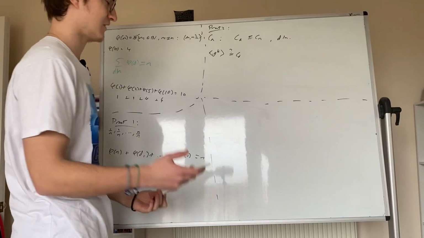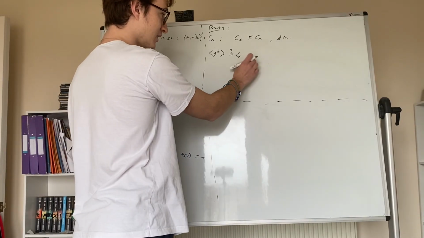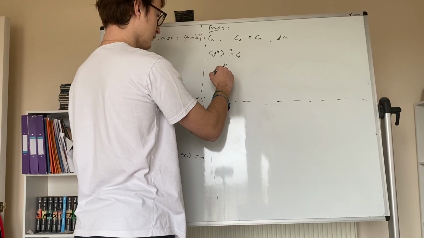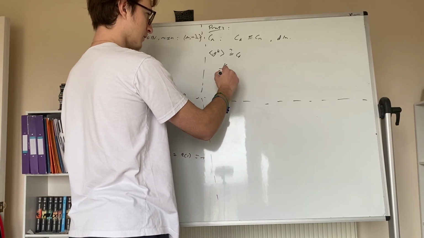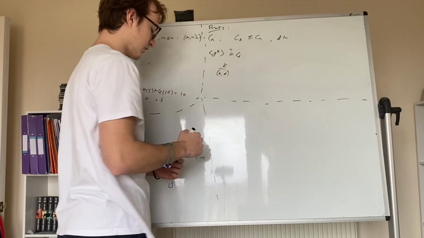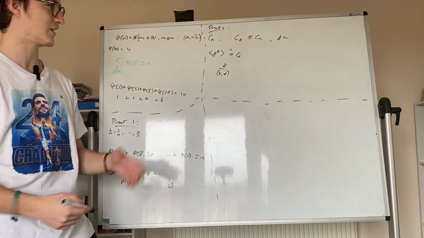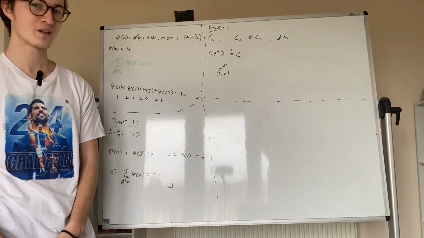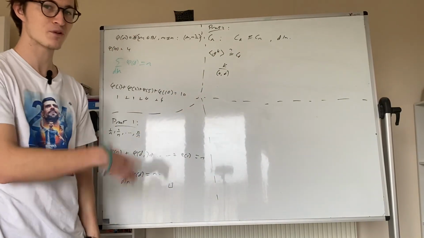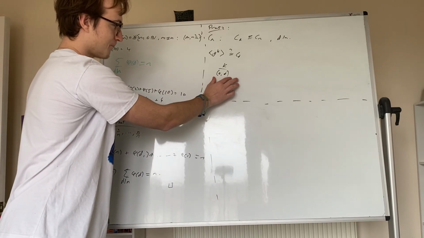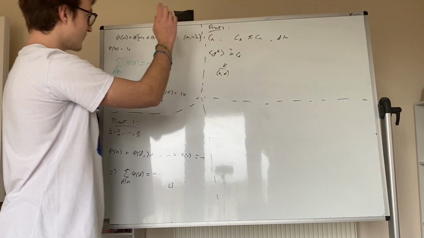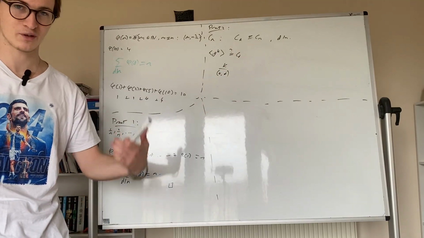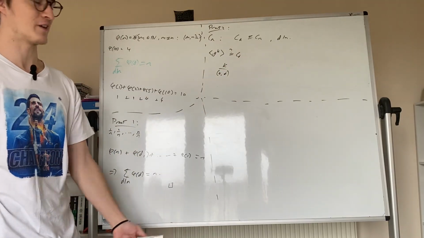Basically, what I'm saying is, in the cyclic group Cd, g to the k has order d over the greatest common divisor of k and d. And so what I'm really trying to say is, the number of elements of this form that generate Cd is exactly the number of elements that are co-prime to d, and also less than or equal to d. Basically, that's what I'm really trying to get at.